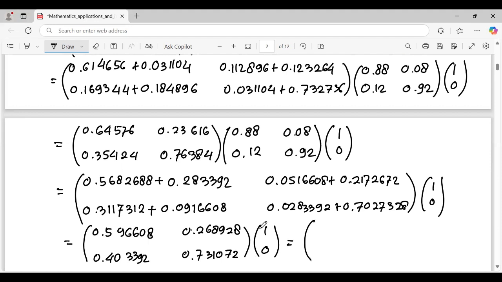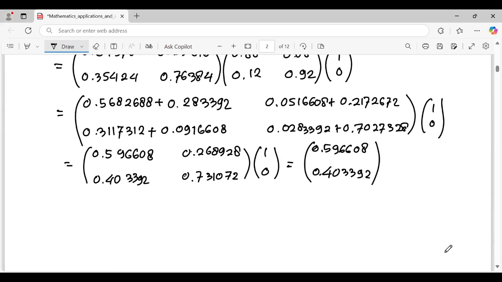The result: this number times 1 is 0.596608 plus this number times 0. And after that, this number times 1 plus this number times 0. So the result is 0.403392. Okay, that's the result.